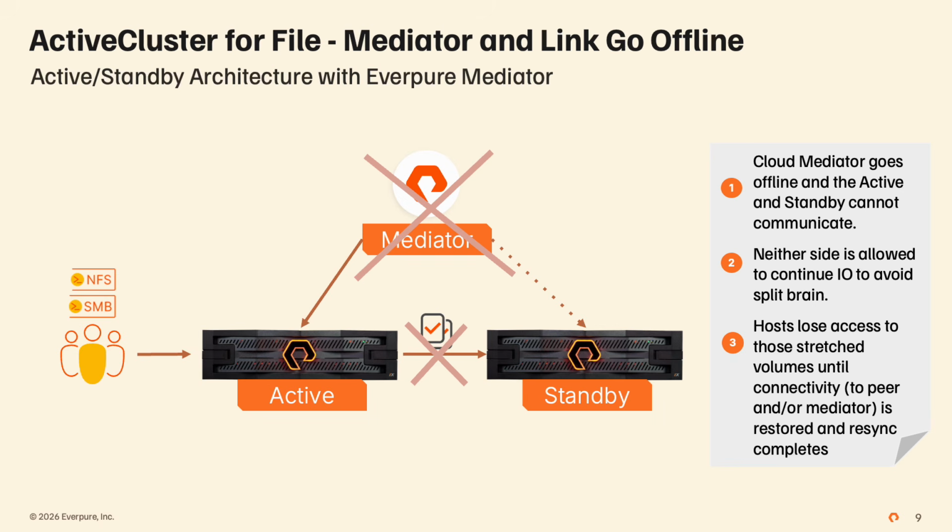What's going to happen is neither side is going to be allowed to continue I/O to avoid the split brain problem, because we don't want these arrays out of sync with regards to data integrity between the two. Which means the hosts themselves, the end users, are going to lose access to those stretched volumes until the connectivity to the Mediator or between the arrays is restored. That's kind of a worst case scenario and really the second Murphy's Law example.